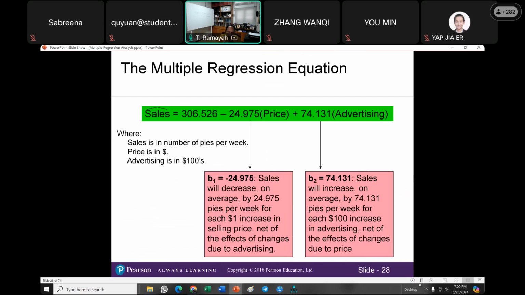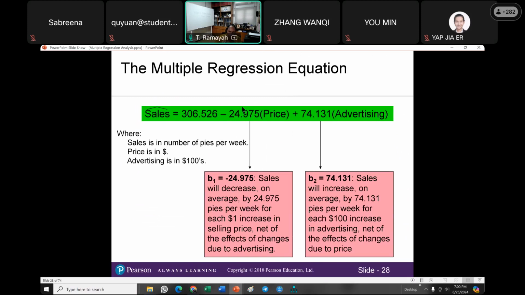Next, after you summarize the equation, how do you interpret the coefficient? This is your B1. This is your B2. So the interpretation is when price increases 1 unit or $1, your sales are reduced by 24.975 units. So it's actually 25.